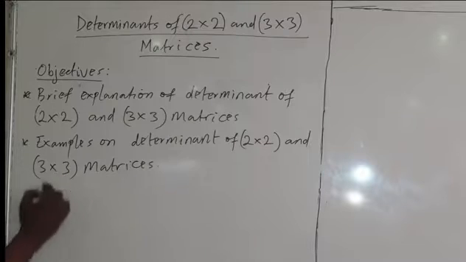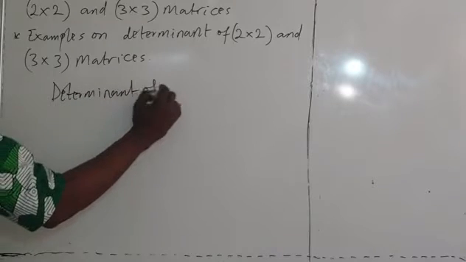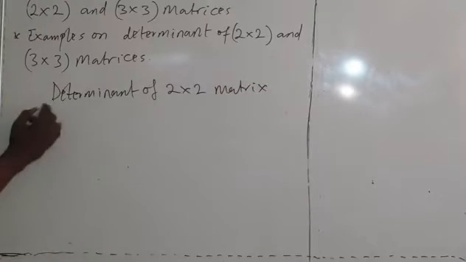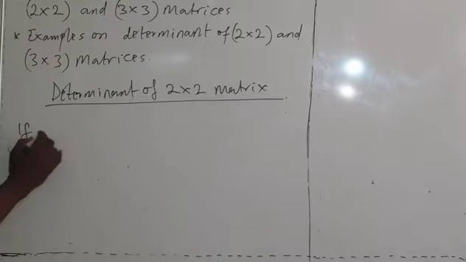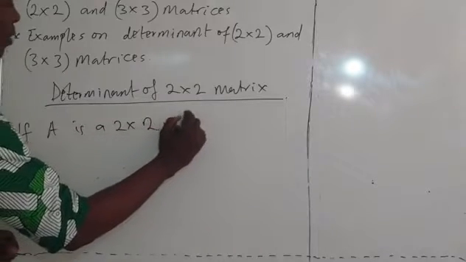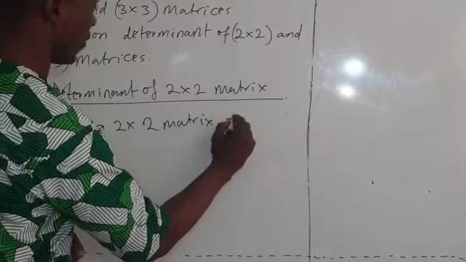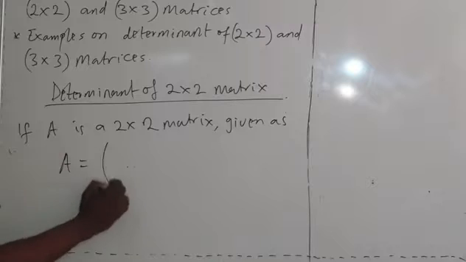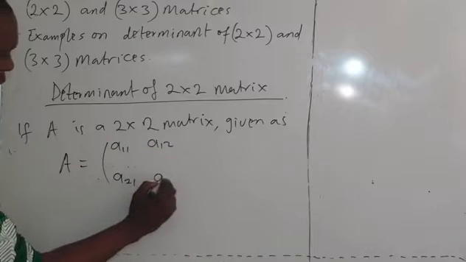So let's start with the determinant of 2 by 2 matrix. The determinant of a 2 by 2 matrix can be determined if A is a 2 by 2 matrix given as A equals A11, A12, A21, A22.